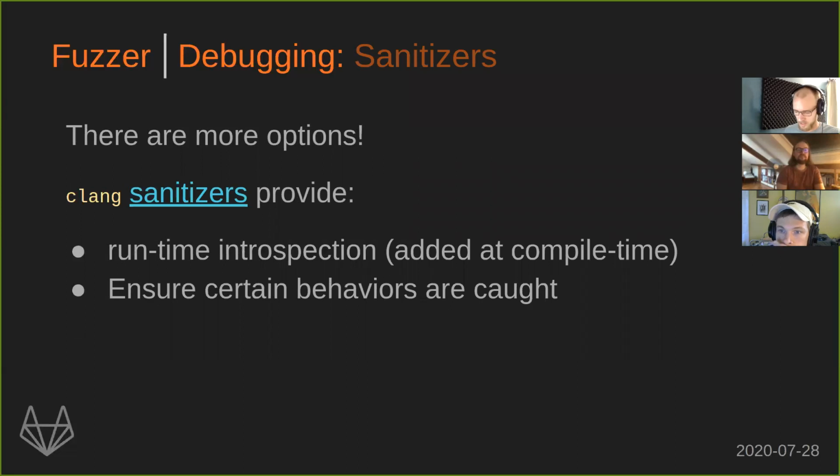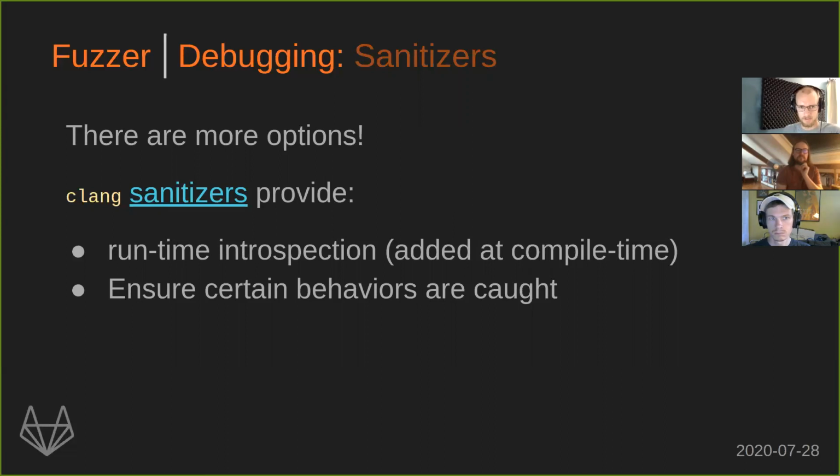All right, so another way that we can gain additional information about how a process is crashing or how these errors are occurring is using sanitizers and Clang. So Clang is part of the LLVM project, and part of how the LLVM project works is it takes source input and transforms it into LLVM's intermediate language, so LLVM IR.